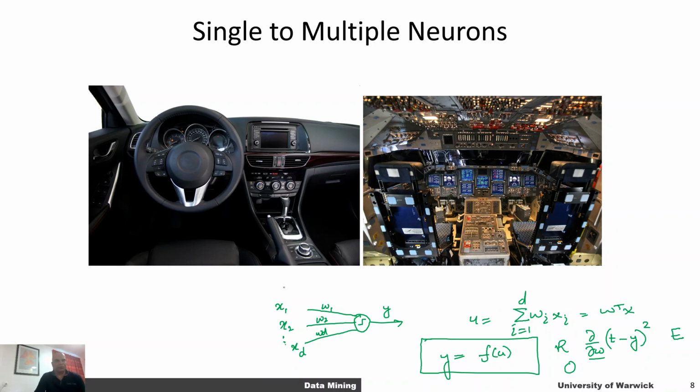Now what we are going to do is connect multiple neurons so that the output of one neuron feeds into the next neuron, and we can have multiple neurons in parallel to each other as well. One important difference from what we've been discussing earlier is that most of our machine learning models were what I called multiple input but single output models.